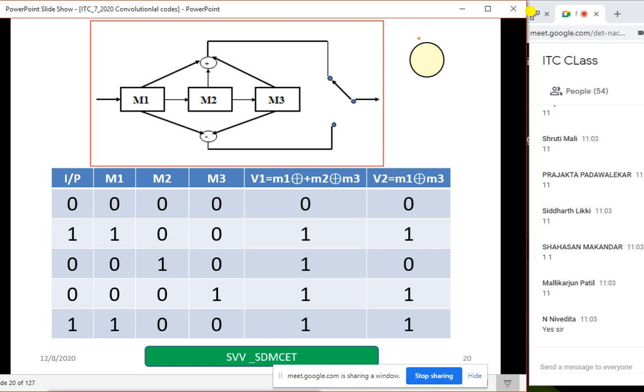I'll wait for a few seconds. You can copy down if you want. One minute I'll give maximum. Those who still have doubts or difficulty understanding can copy down and go through it.